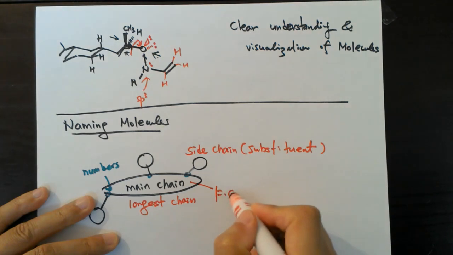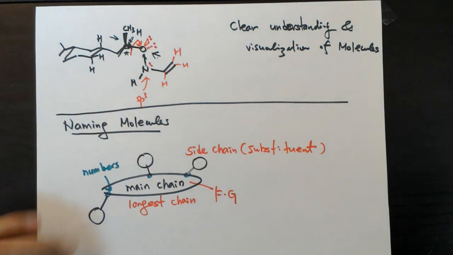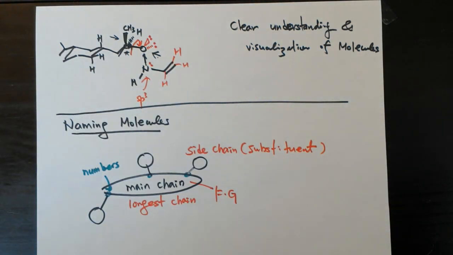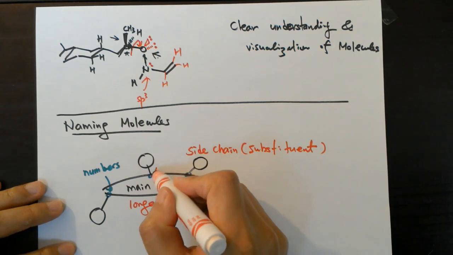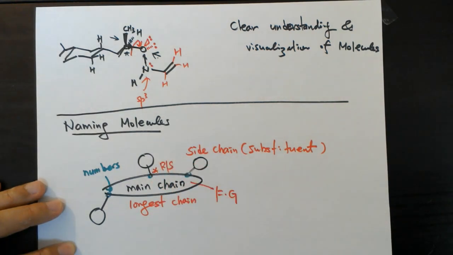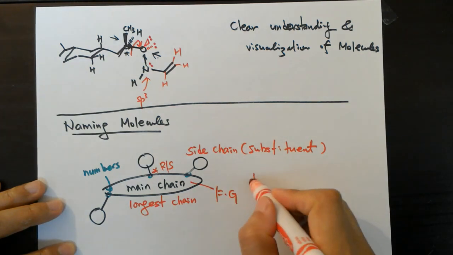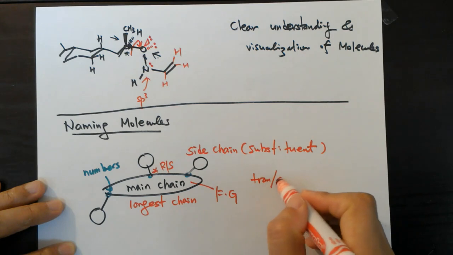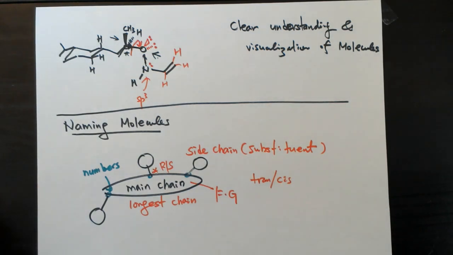So functional groups. And that should be also part of the name. Then obviously the isomerism, like if you have a chiral center, R or S. If you have a cis-trans isomerization, you also indicate trans or cis, etc.